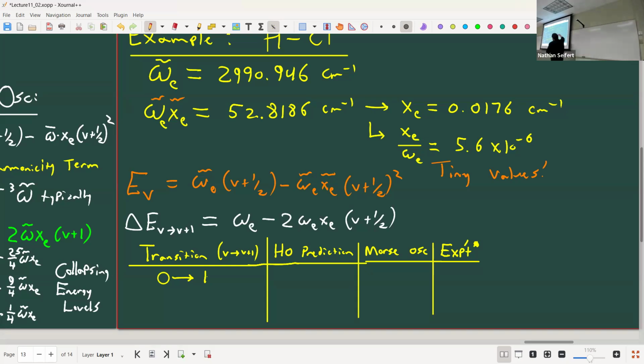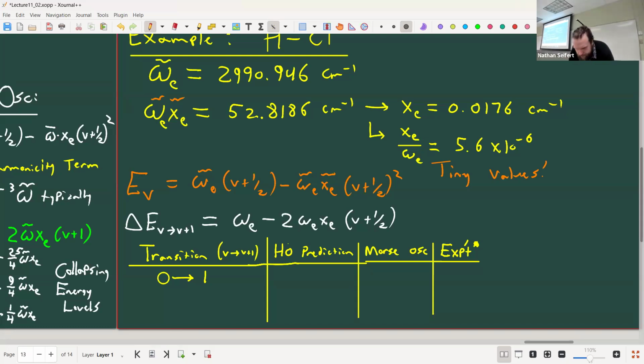It will be at omega E, 2990.4946, but minus this correction times 1/2 at v equals 0. But this number is really, really small, so we can just neglect it. And in fact, experimentally, that's true.